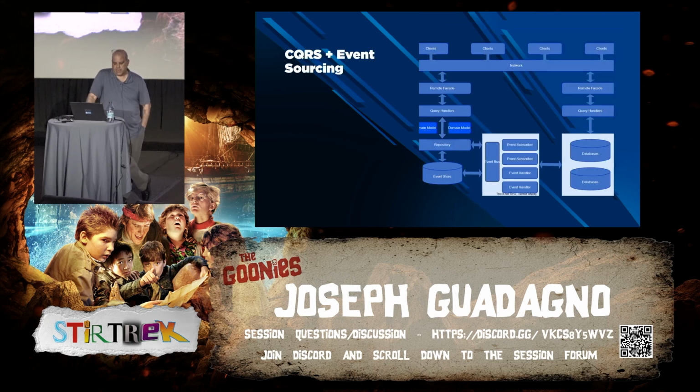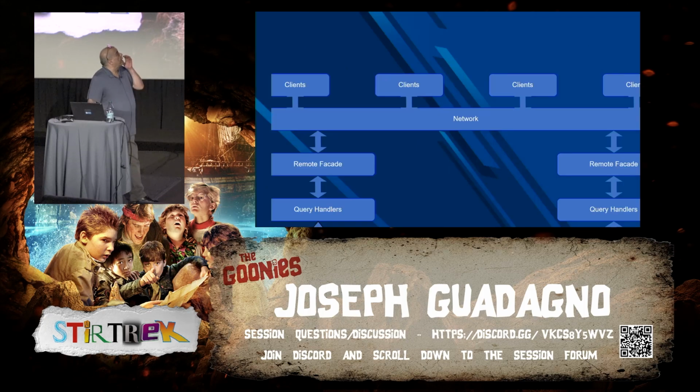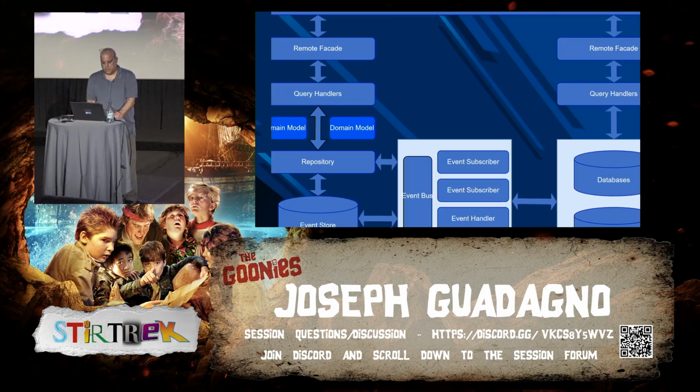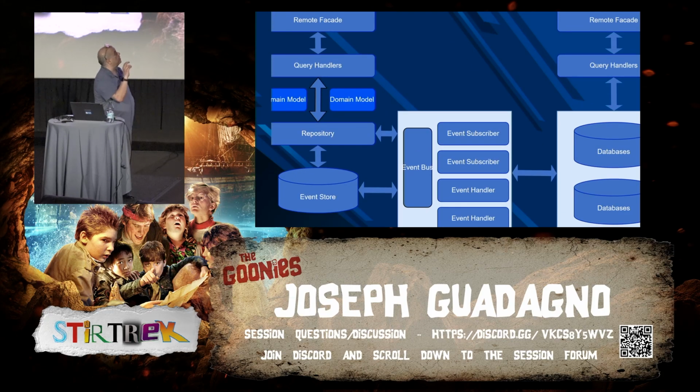The next one is kind of a combination of the last two. So this is CQRS versus event sourcing. With this one, let's just do a quick zoom in on top to show you. The top is just clients, network. Don't really focus on the network part. What you're really going to focus on is the next layer, which is the remote facades, as you see here.